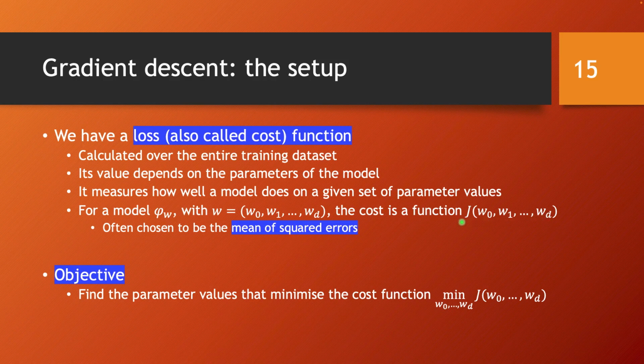Very often this cost function is chosen to be the mean of squared errors, but much of the discussion in this video is going to be on a general level for any cost function or loss function you may want to choose. And so the objective of gradient descent is to find the parameter values that minimize the value of this loss function.